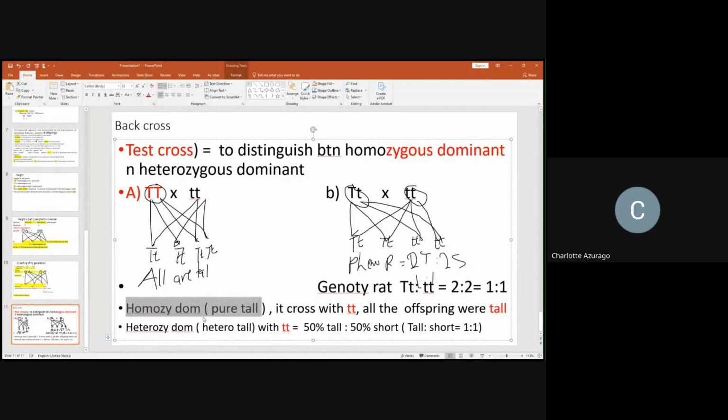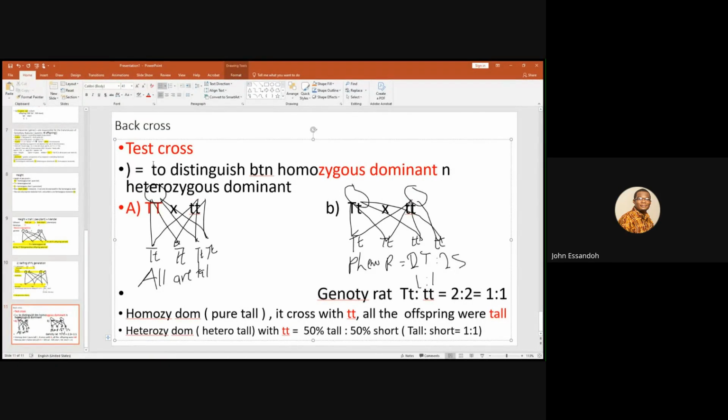So what I'm deducing is the possibility to cross two heterozygous tall instead of the examples we have given. No, this first example is what you call a test cross. It's a special test you are performing so that you'll be able to distinguish.